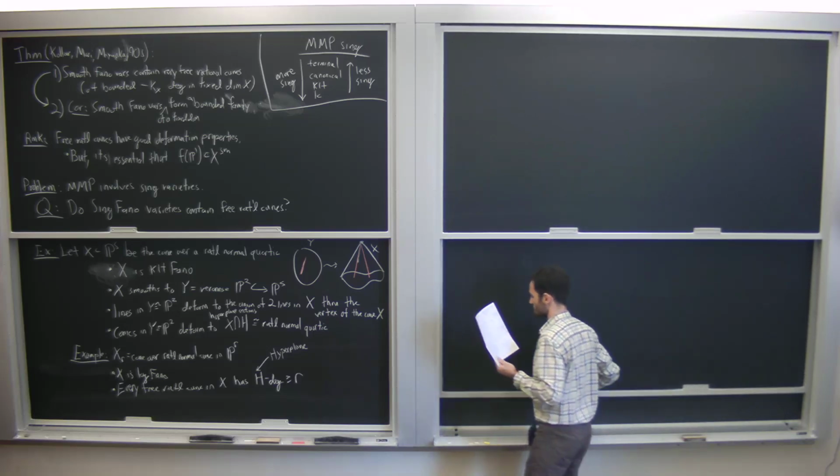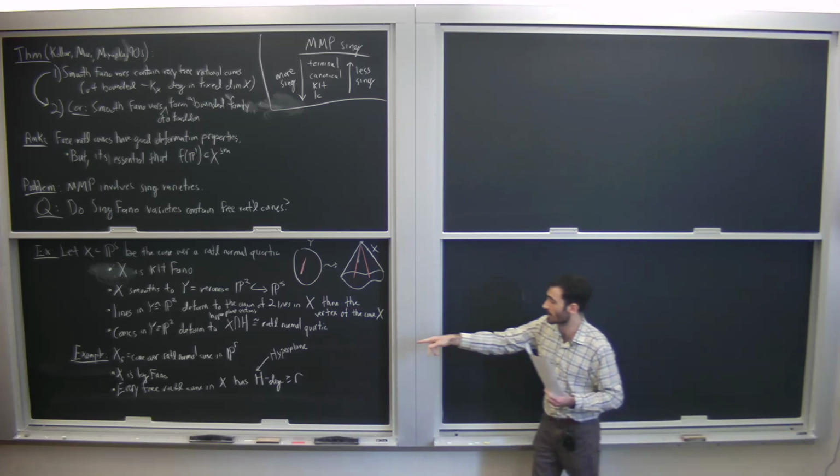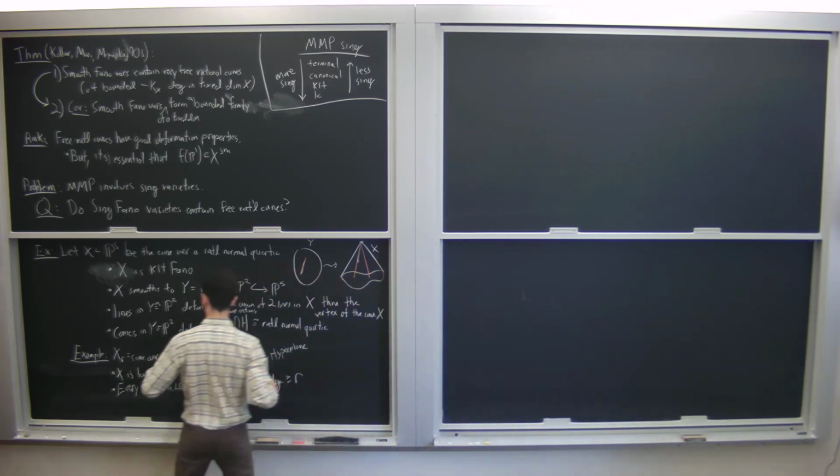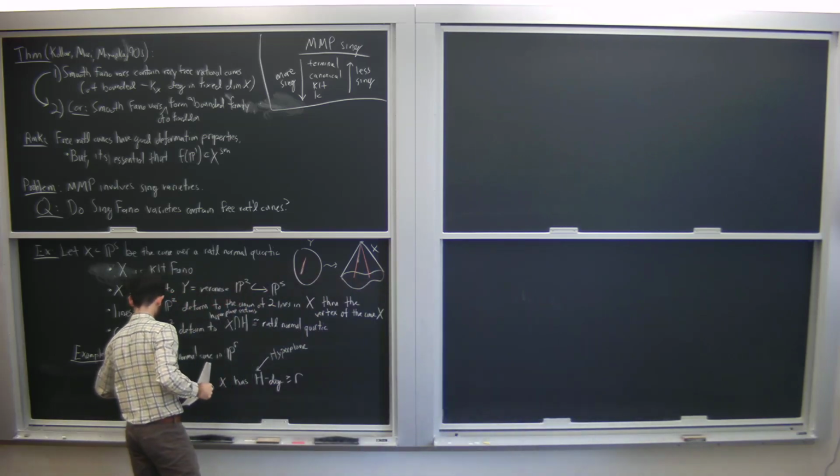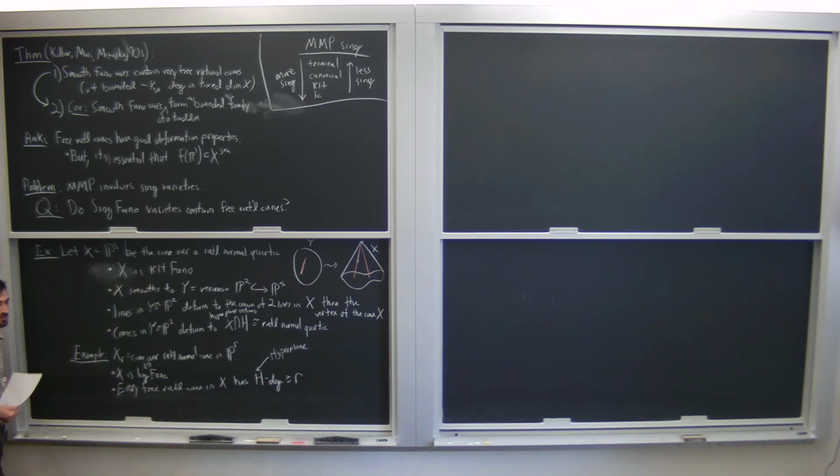The singularity. Yeah, KLT. Yeah, so there's a boundary divisor that will make X a KLT log Fano pair.